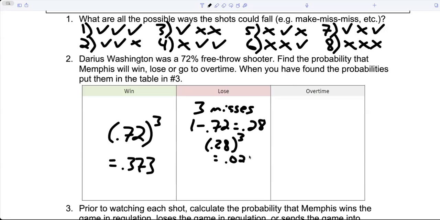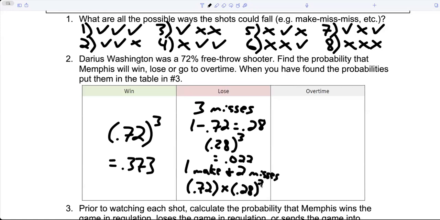So 0.022. But also they're going to lose if he only makes 1 of the free throws, right? So we could do 1 make and 2 misses. And so that probability would be 0.72, he makes it, times 0.28 raised to the 2nd power. He misses 2.